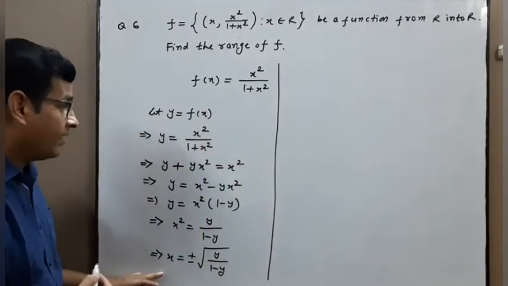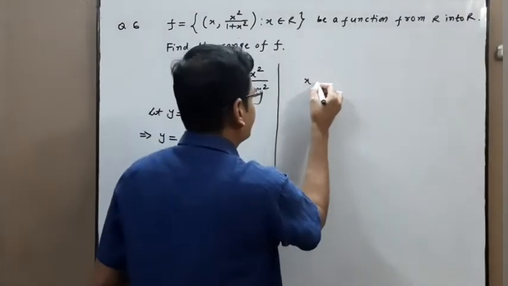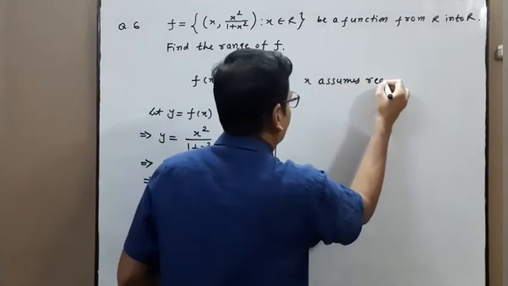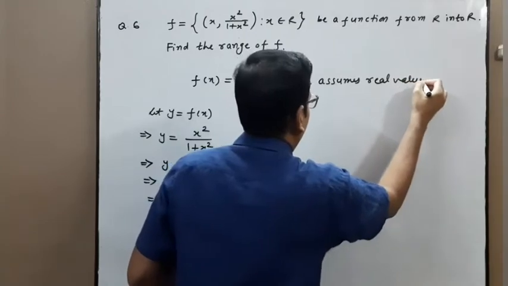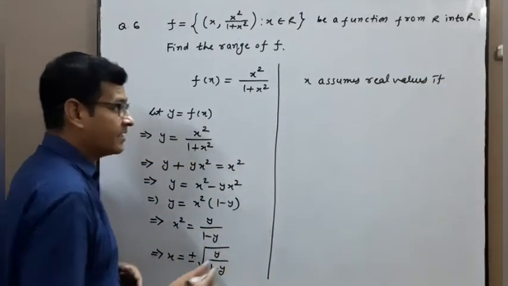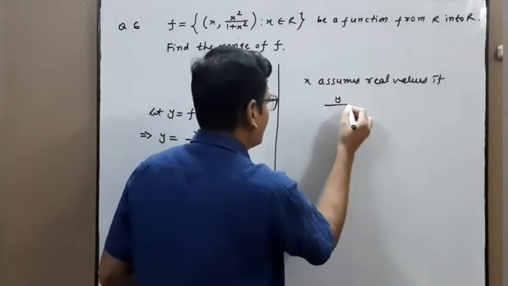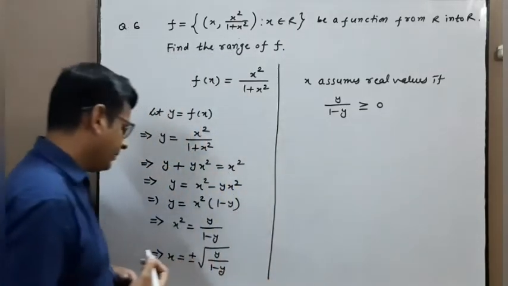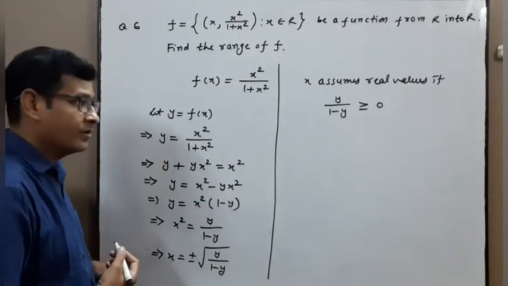After this, x assumes real values if the quantity inside the root is greater than or equal to 0, so y upon 1 minus y is greater than or equal to 0.